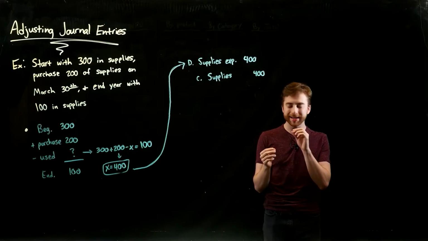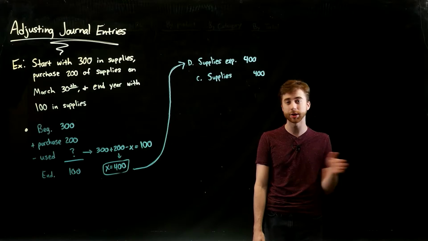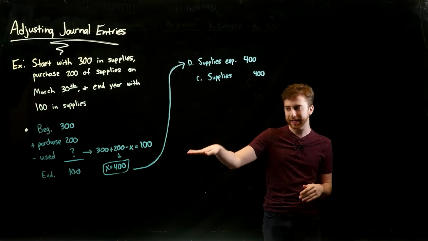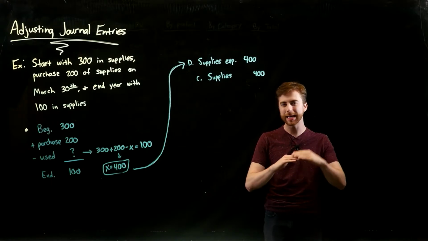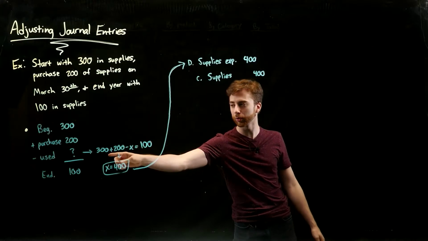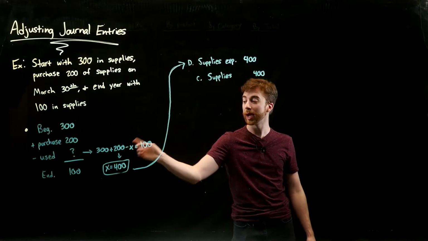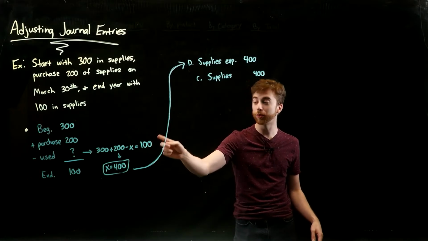We didn't keep track individually of how much of the supplies we used up as the year went by, but if I end the year with only $100 worth of supplies, then backing into the amount used will be the adjustment. If I began with $300, added $200, and subtracted whatever amount I used up, that equaled $100.